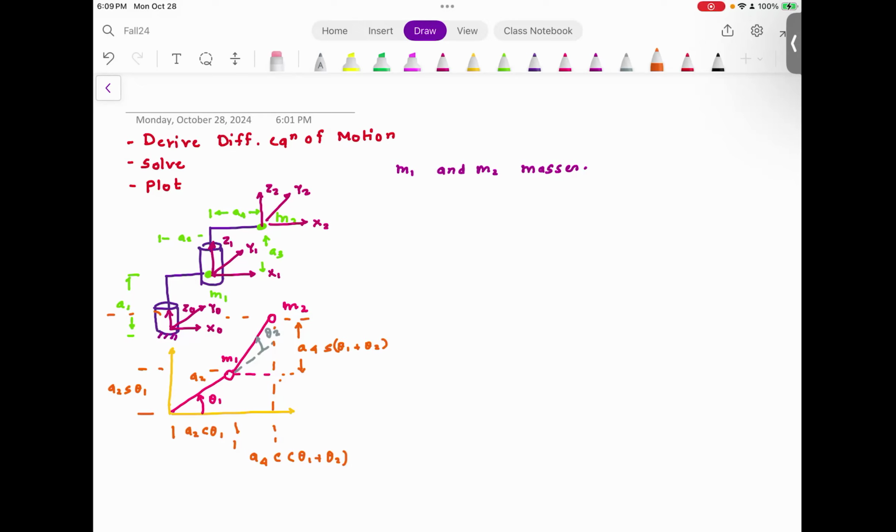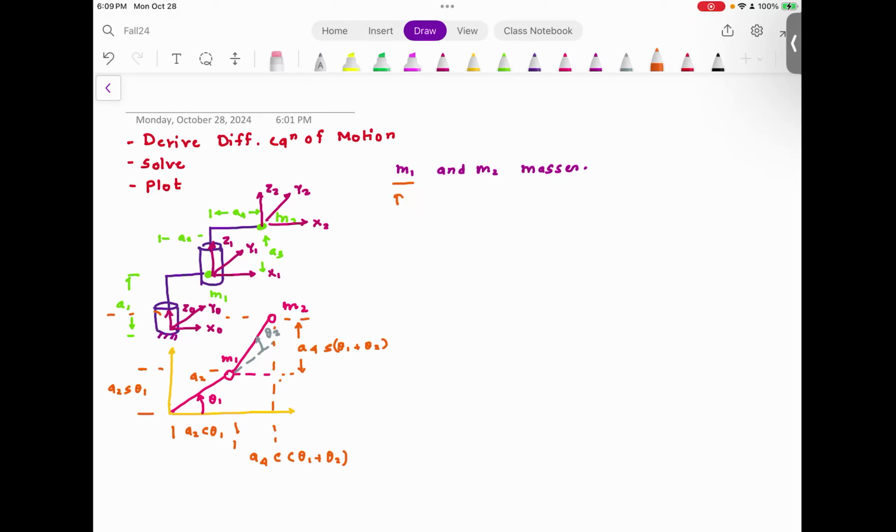Now, the important part here is we are trying to solve the differential equations. So from all this kinematic diagram, all this setup, I need to find out a few things. First, I need to find out the position of mass M1.